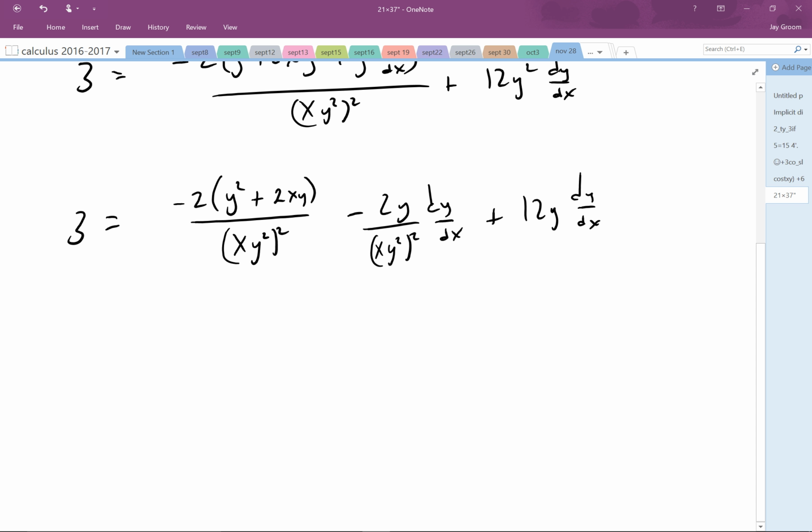Okay, so let's add this thing to the other side. So you get 3 plus 2y squared plus 2xy.